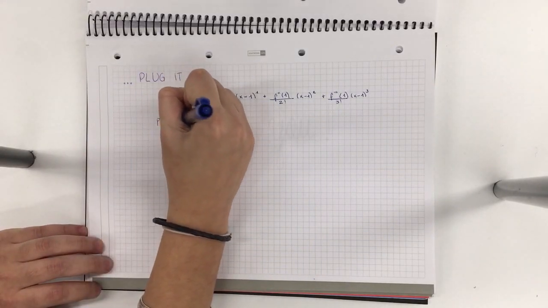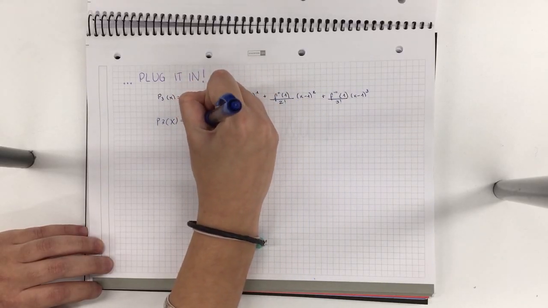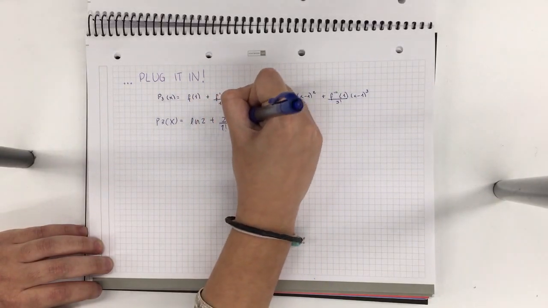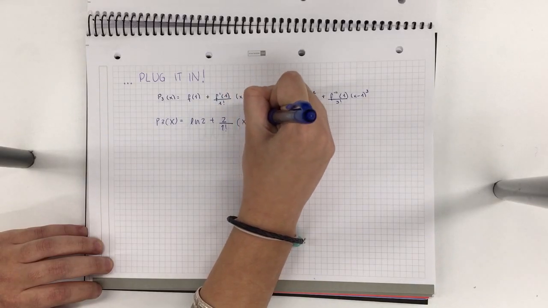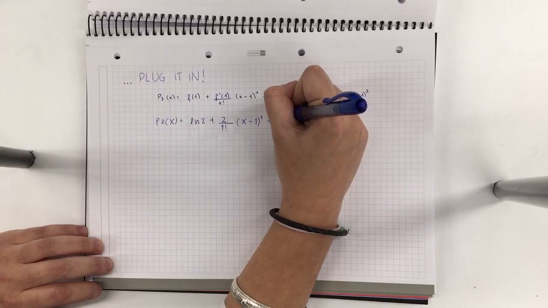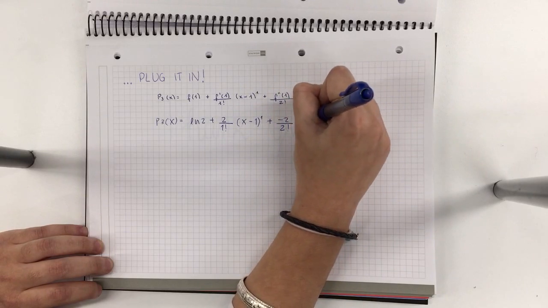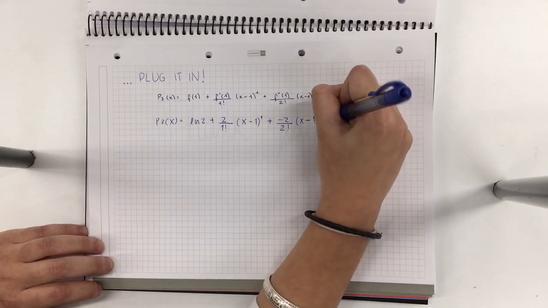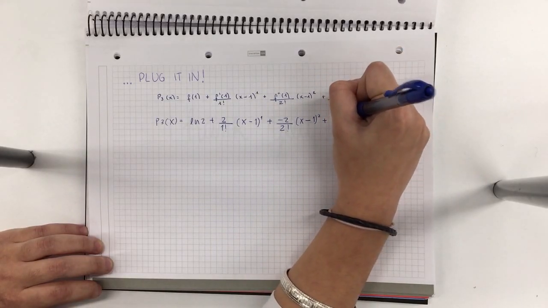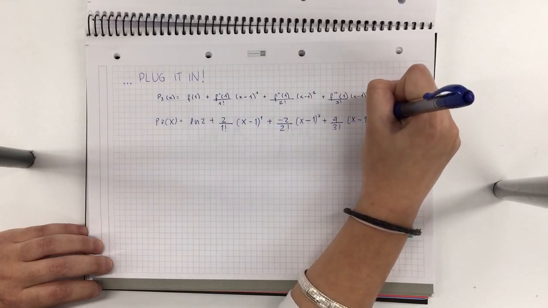So for f of 1, we have the natural logarithm of 2 plus 2 over 1 factorial times x minus 1 to the power of 1 plus the second derivative at 1, which is negative 2 over 2 factorial times x minus 1 squared plus the third derivative at 1, which is 4 over 3 factorial times x minus 1 cubed.